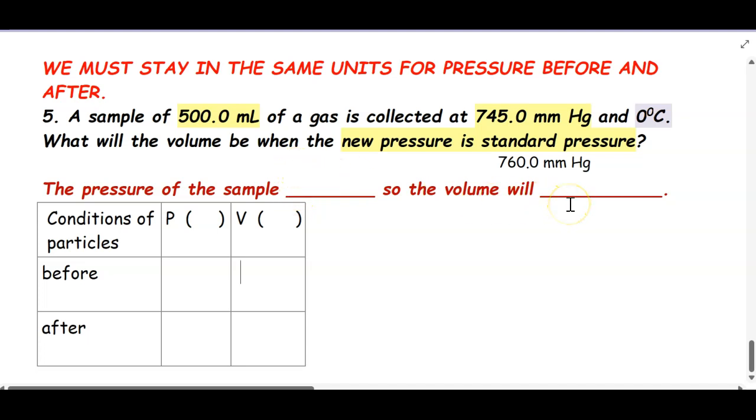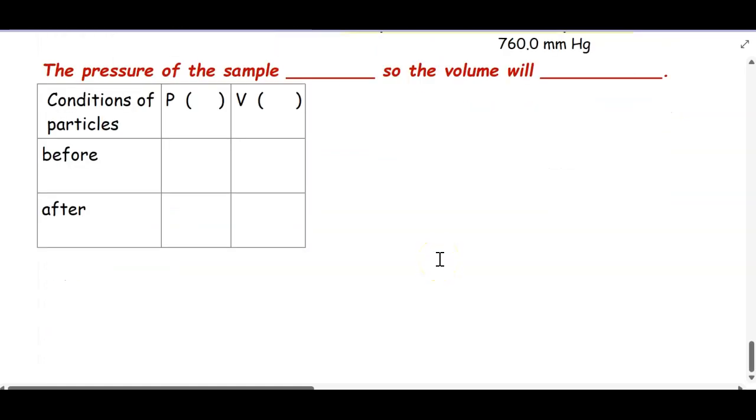So what should happen to the volume? The pressure went up a little, so what happens to the volume will be a little bit too, but will it be up or down, increase or decrease? So you go ahead and solve that.